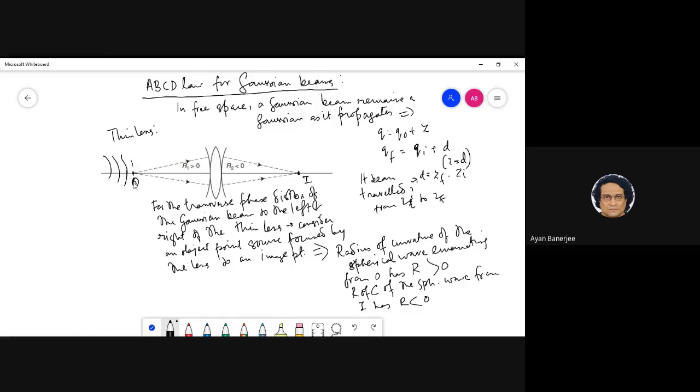So if this is my DO and this is my DI, clearly DO equals R1, and I should say Ri, R1, and Di is plus R2.